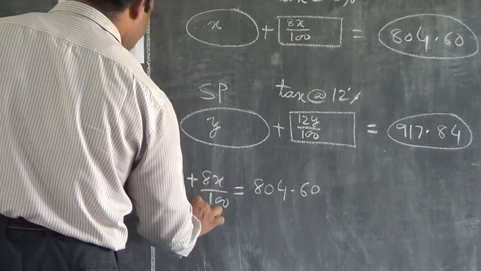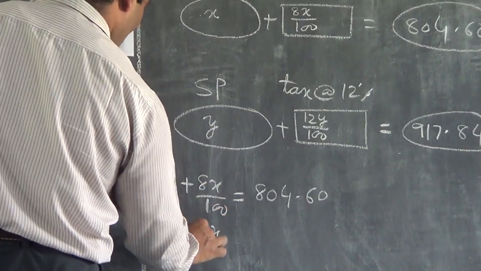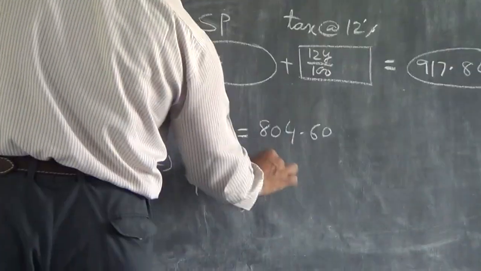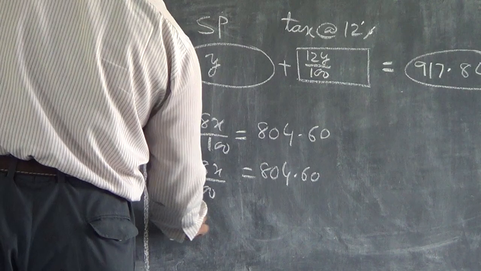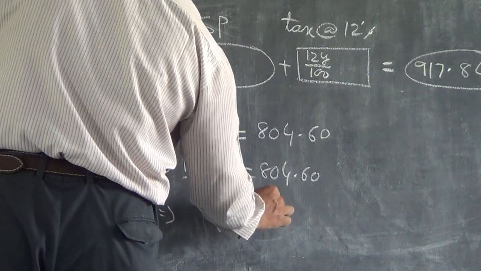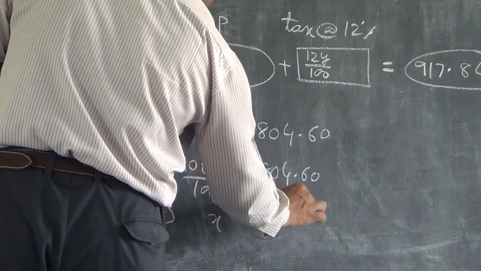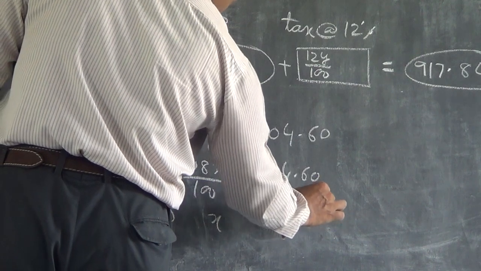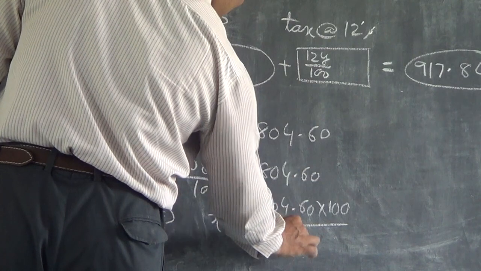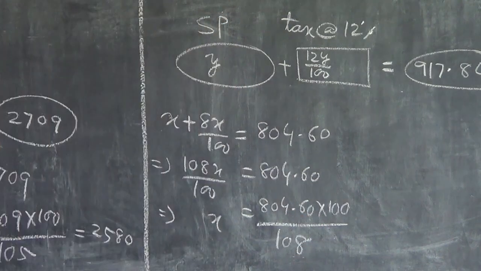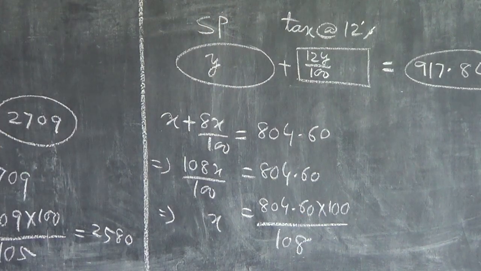So 100x plus 8x, 108x by 100 equals 804.60. That implies x equals 804.60 into 100 divided by 108. Then we can get the value of x.